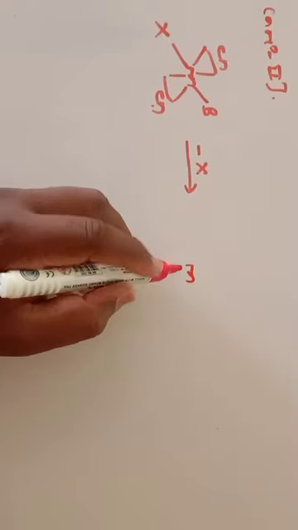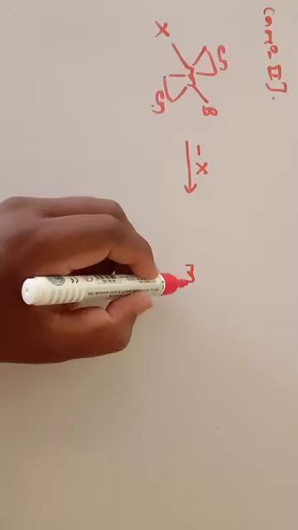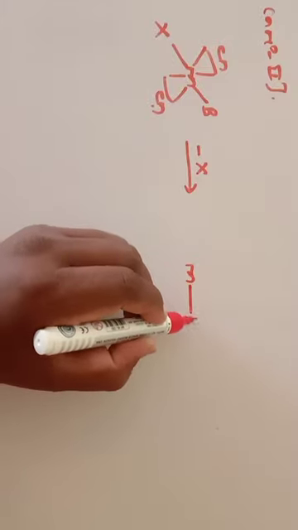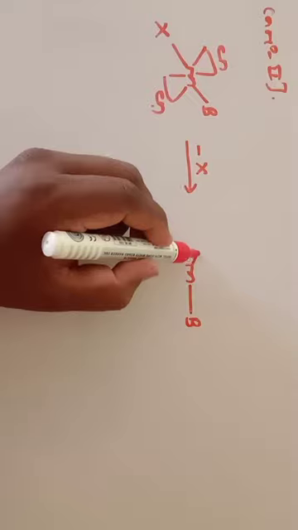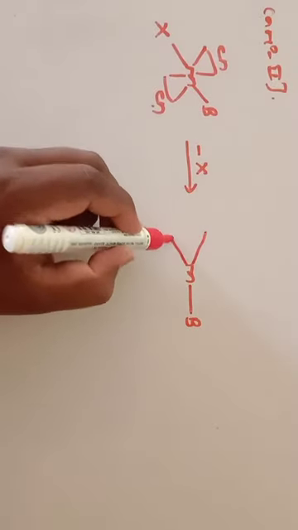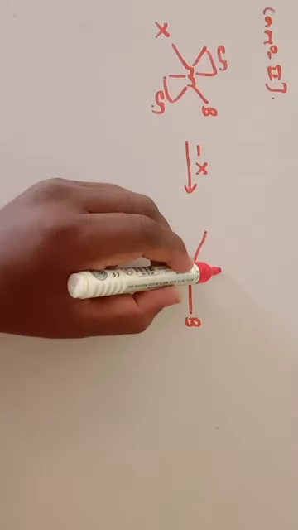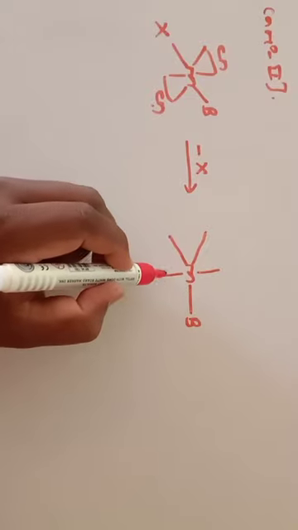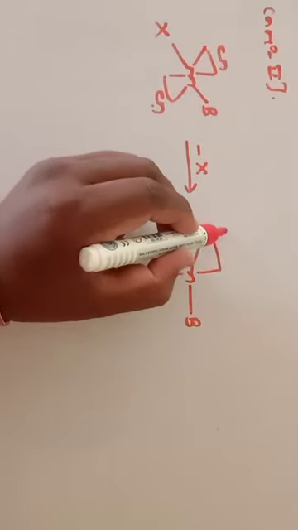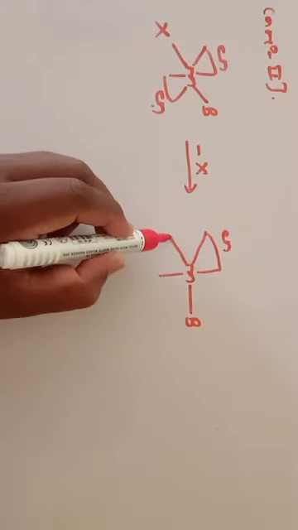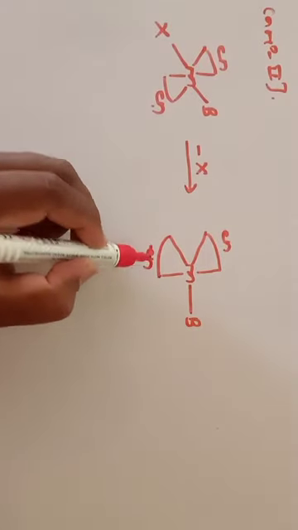This is your B ligand, so it is in the trigonal plane. So this is your intermediate, and this is your en, and this is also your en after dissociation.